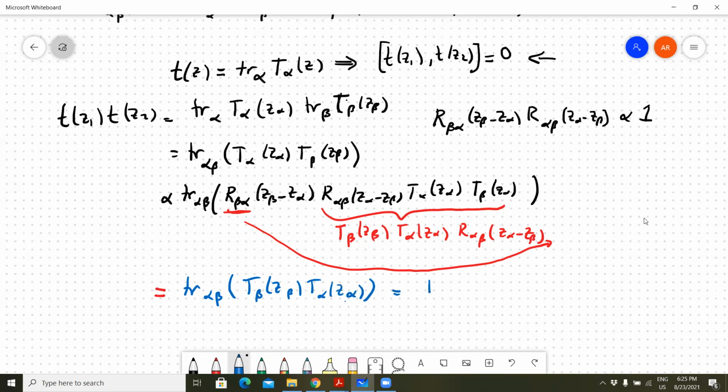And this can be separated again in trace of beta of T. I call it 1 and 2, and then I'm calling all alpha and beta here. So here is alpha and here is beta.